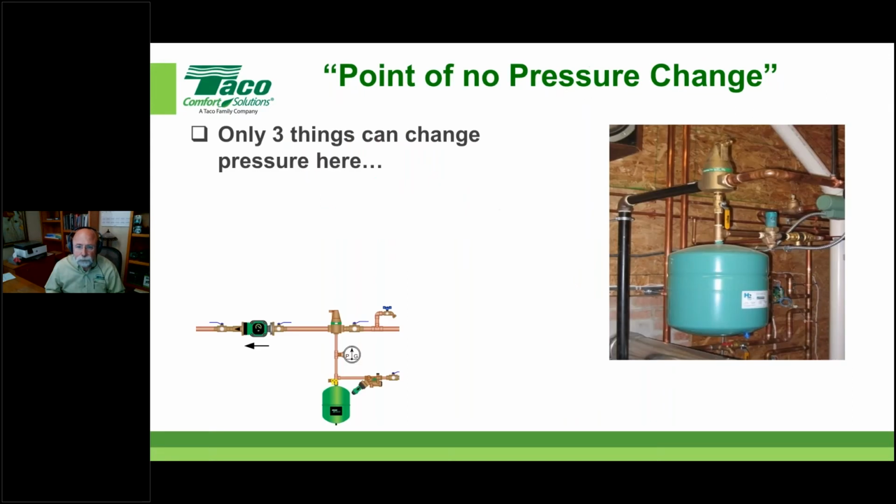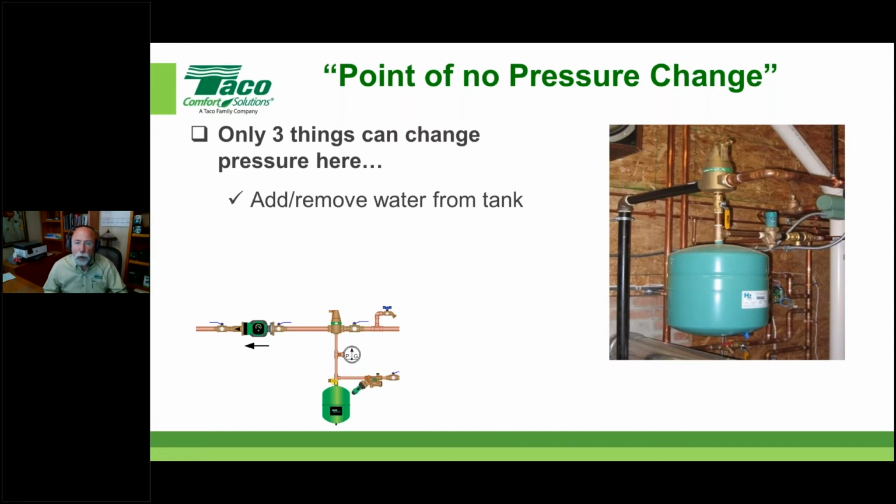So let's focus on the point of no pressure change. A little review for those who have seen these presentations before: we call it the point of no pressure change, however, there are three things that can change the pressure at that location. If I add or remove water from the tank, that is, the fluid side, if I start adding fluid, then I know I'm going to change that pressure gauge.